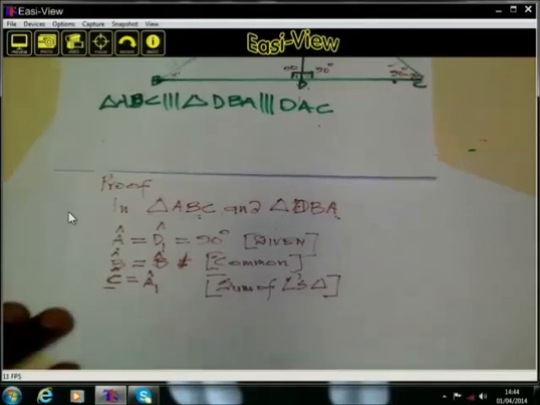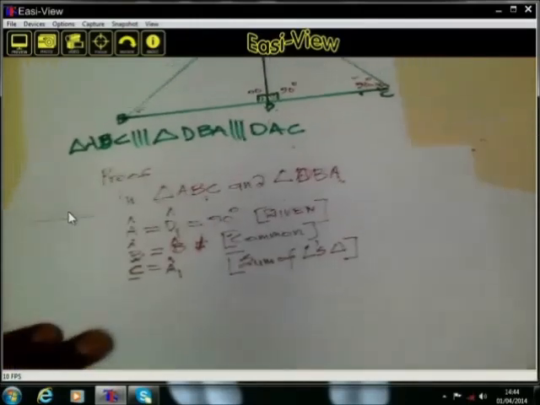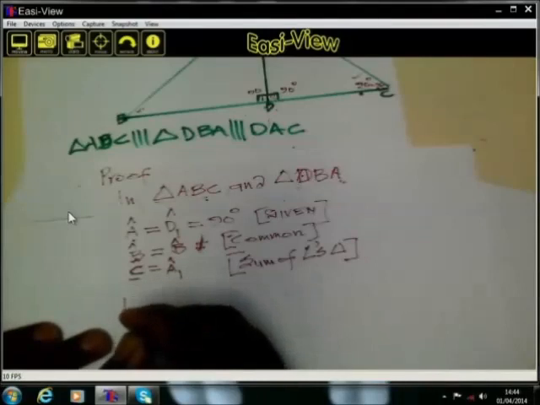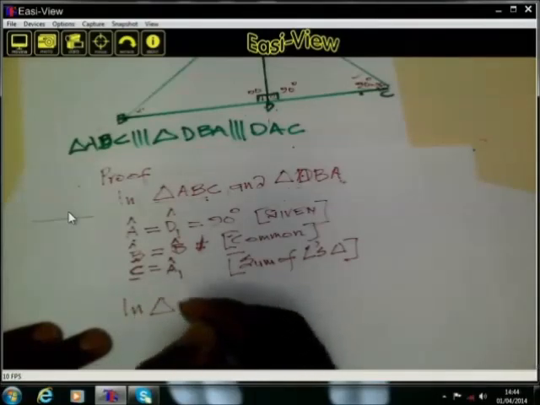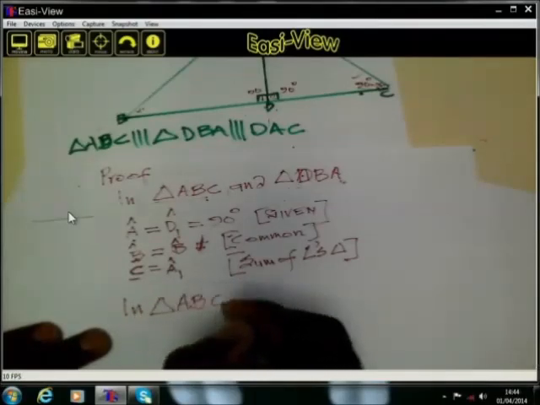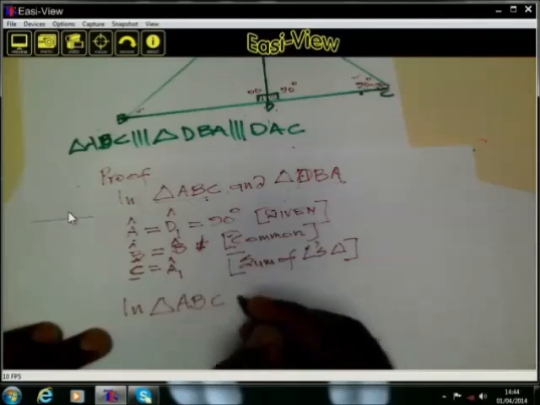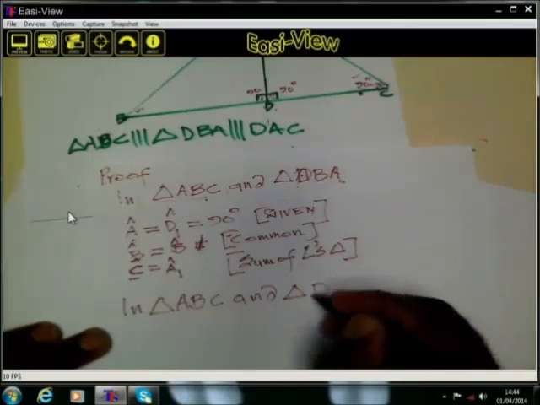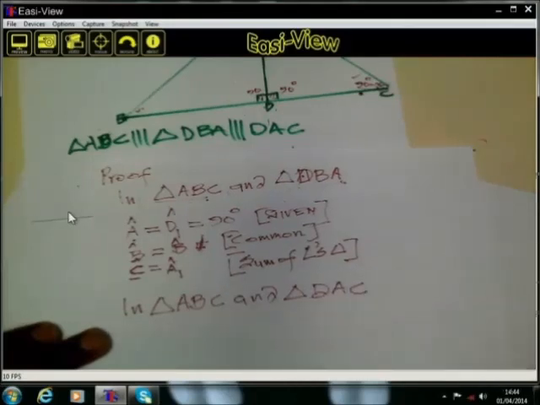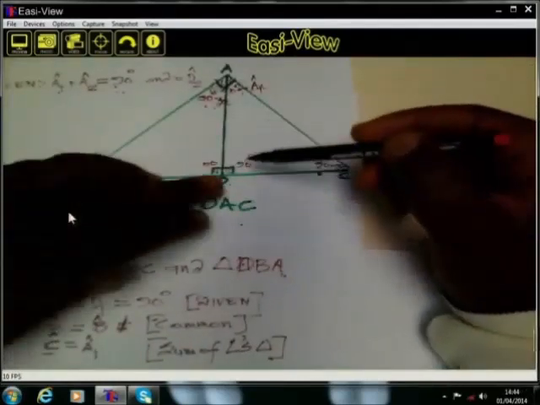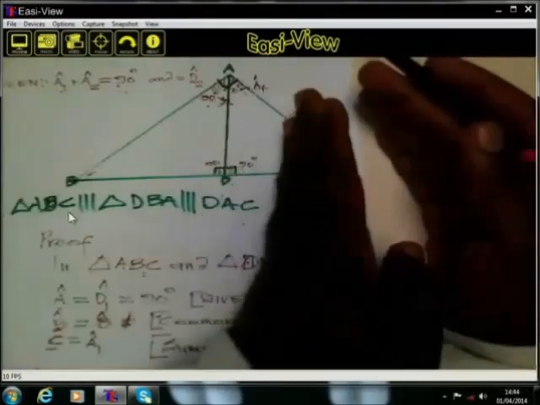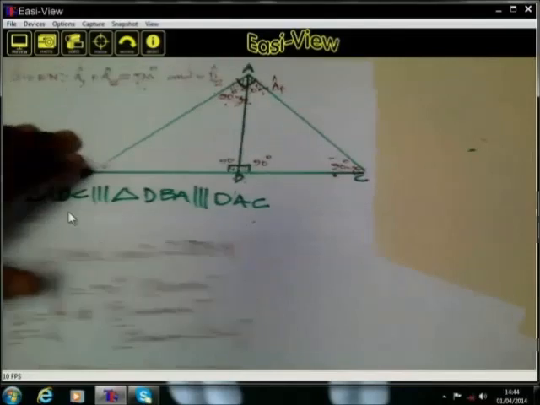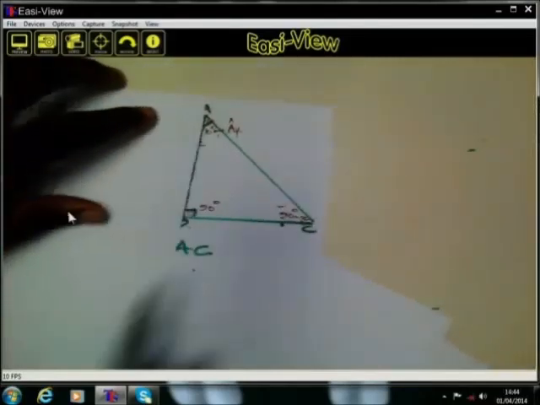Now, let us go on and take the bigger triangle again. What is this again? Triangle ABC, with what triangle this time? With triangle DAC. Where is triangle DAC? This is DAC. Now this is the part. We are now looking at this part of the triangle.